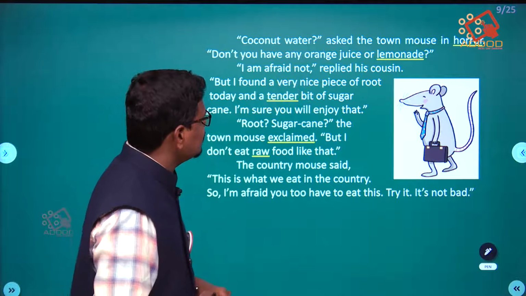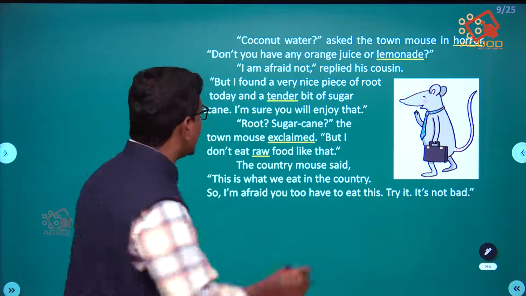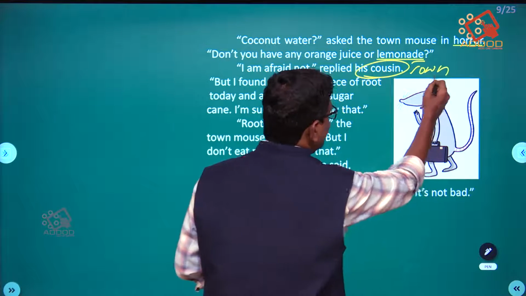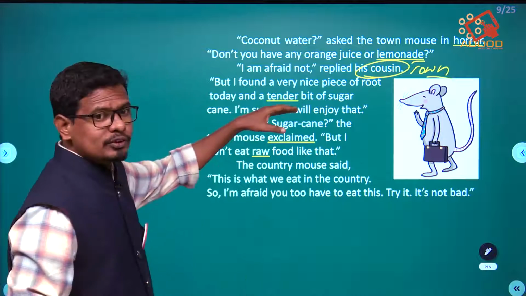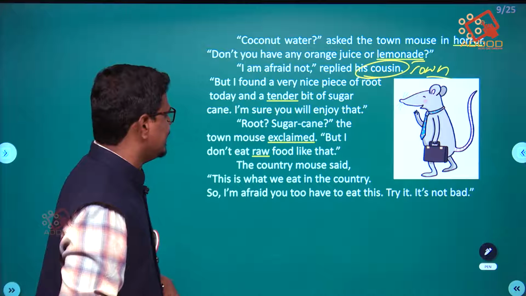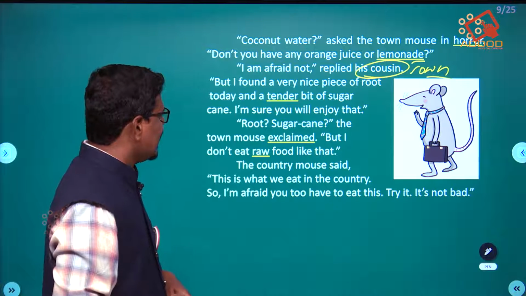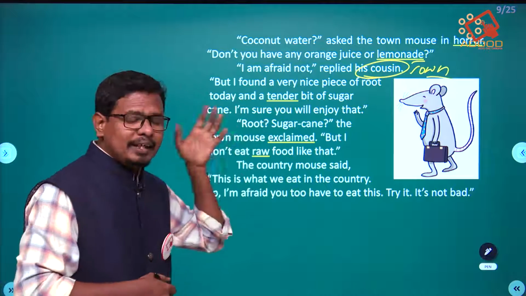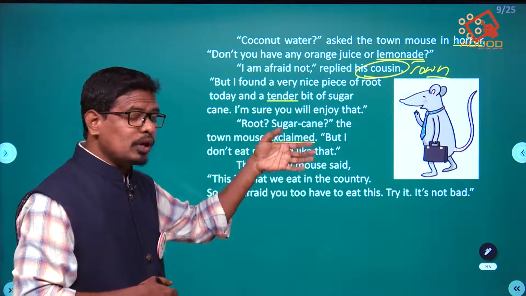"I am afraid not," replied his cousin. But the town mouse never wanted to go with the coconut water. "But I found a very nice piece of root today and a tender bit of sugar cane. I am sure you will enjoy it." Maybe the mouse would enjoy a root or a sugar cane.